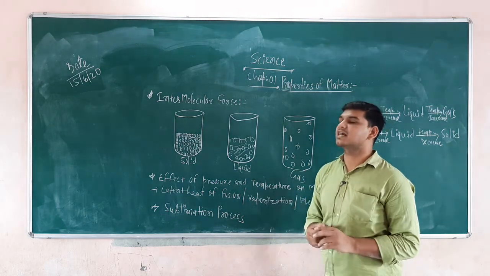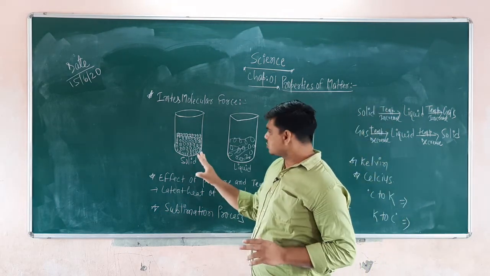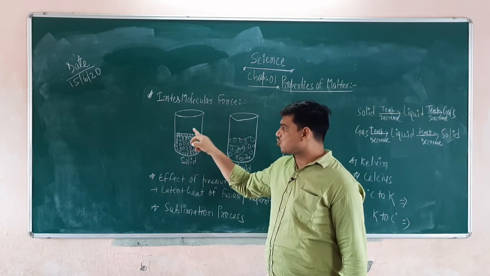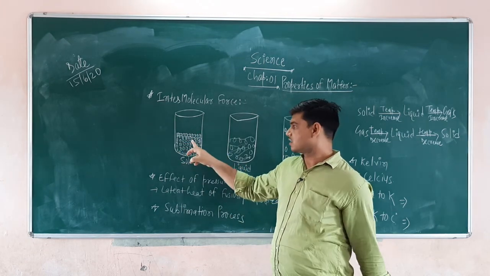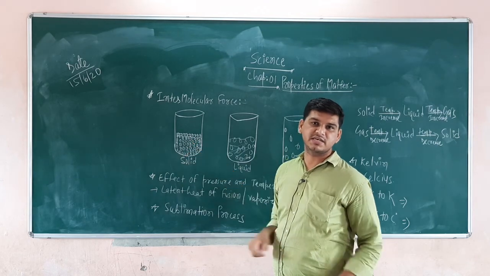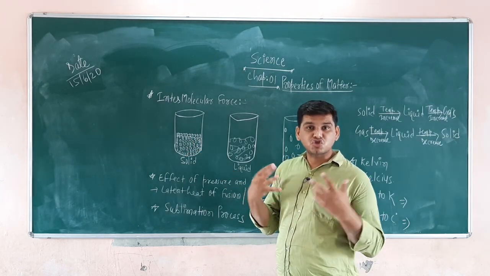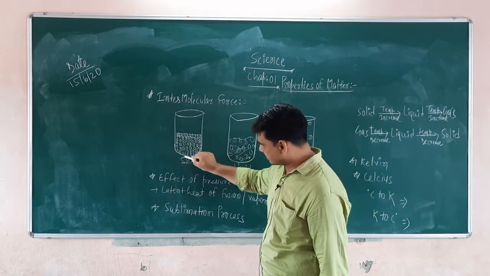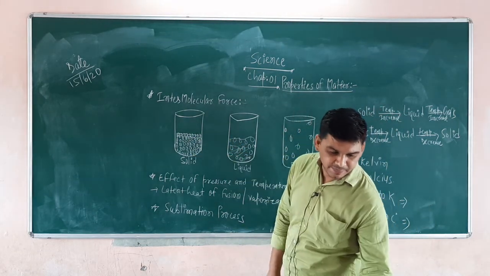First we are discussing the solid. In the given figure, the particles of solid are strongly bonded to each other. The particles seen in the solid are strongly bonded to each other and are in an organized way.